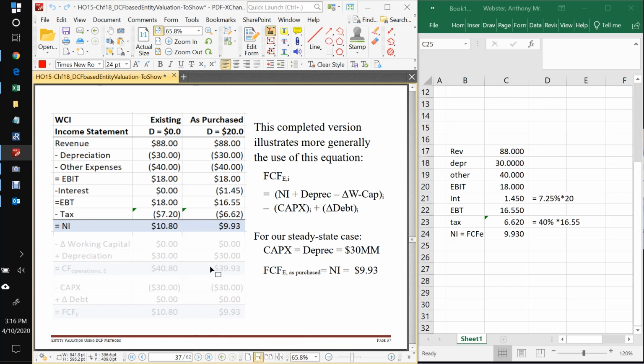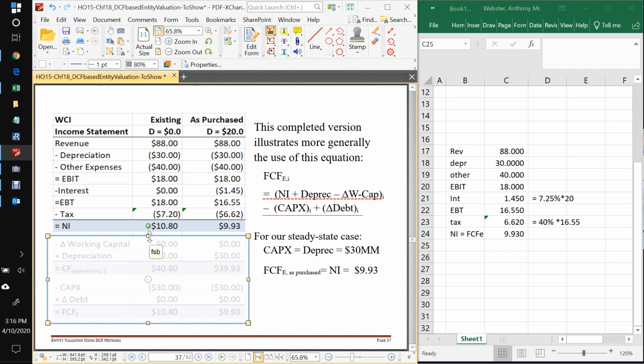What I've got here is a complete version, working my way from net income to free cash flow with this equation, just to show you that if we work through the equation I asked you to memorize, we get the same answer. I get the net income, just like we got over here.